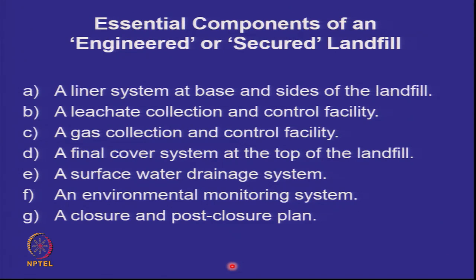And we said that if you have these 7 components: a liner system, a leachate collection system, a gas collection system, a final cover, a surface water drainage system, an environmental monitoring system, and a closure and post-closure plan, you have an engineered or secured or a scientific landfill.